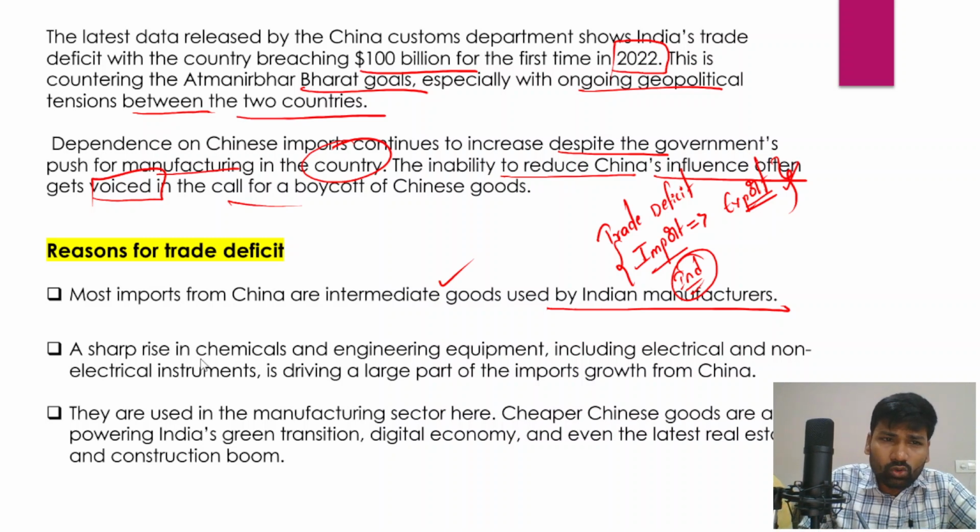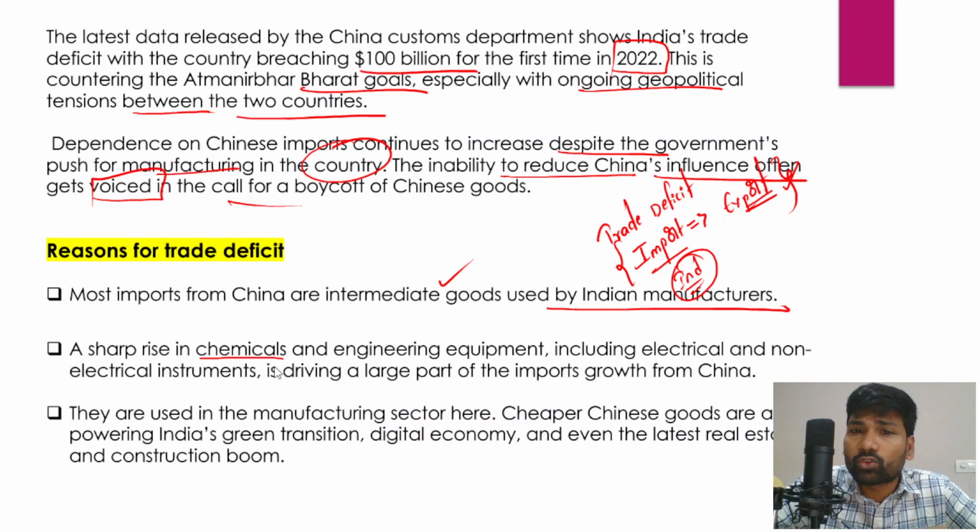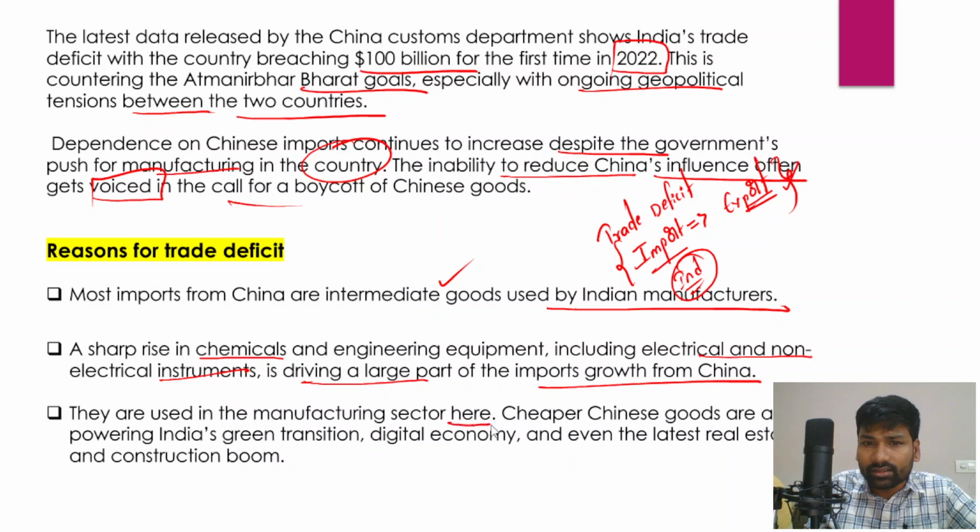And in fact, there is also a sharp rise in chemicals and engineering equipment import from China. This includes electrical and non-electrical instruments, and it is driving a large part of imports growth from China. And they are used in the manufacturing sector here.